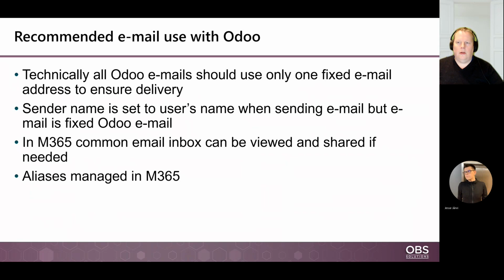So this is just a fixed email address and email box, and the benefit is that this email box can also be shared with another system, for example HubSpot, and we can also manage all the aliases in Microsoft 365 or Google. So our recommendation is based on one email box, which is dedicated for Odoo's use.